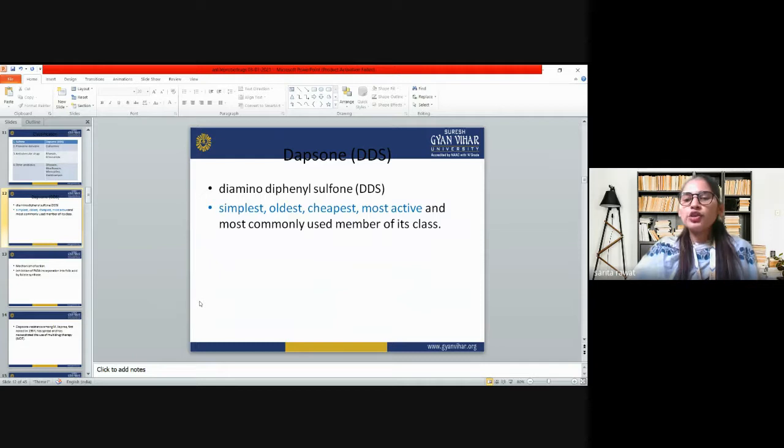Now, when we talk about dapsone, it is diamino diphenyl sulfone, so that's why it is known as DDS. It is the simplest, oldest, cheapest, and most effective drug, and the most commonly used member of this class for leprosy.